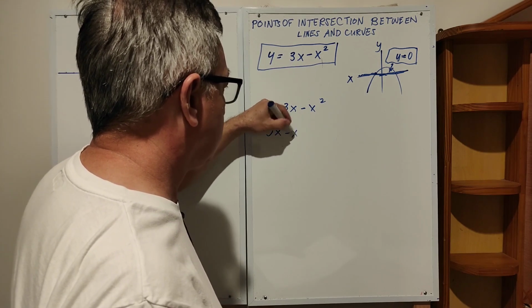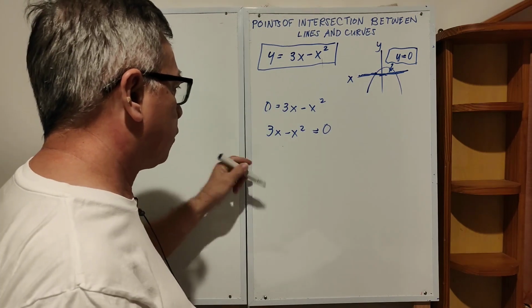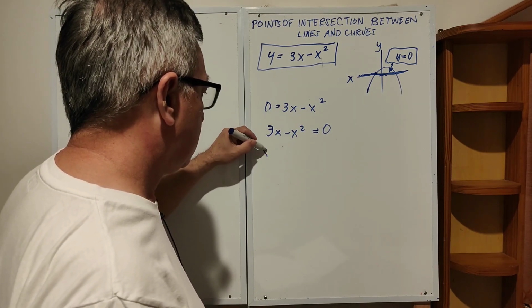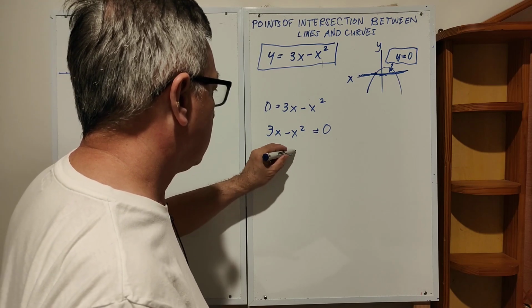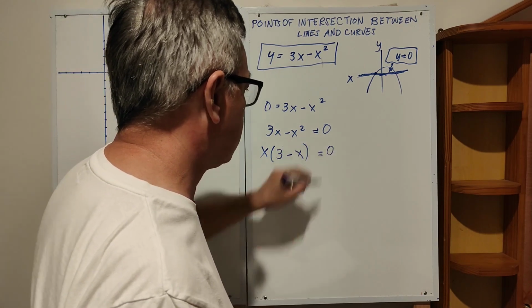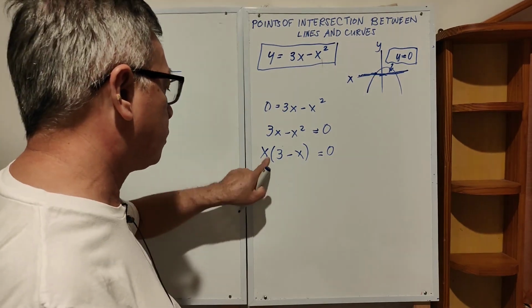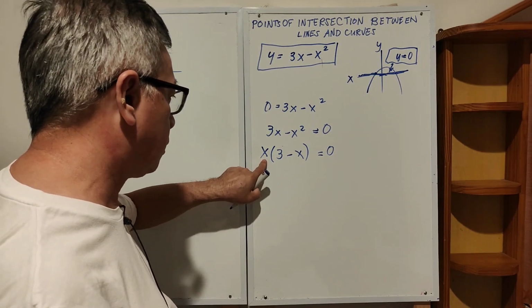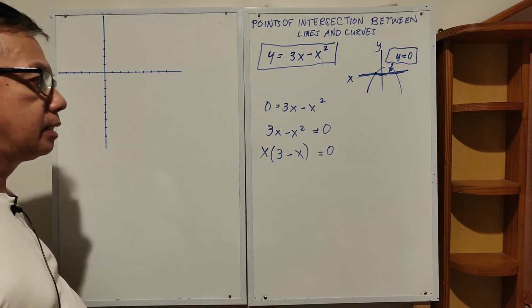If we factor out x, what is left is 3 minus x is equal to 0. So we can equate this one to 0, and we can equate this one to 0, to get the value of x.